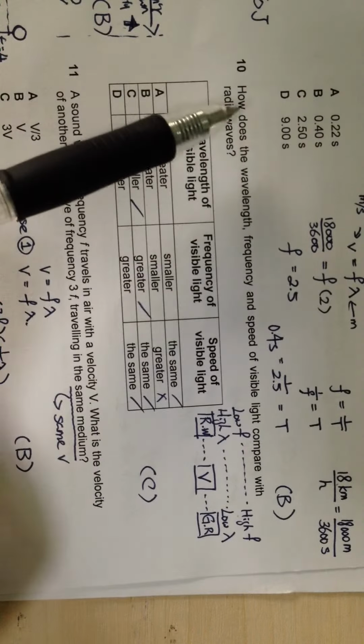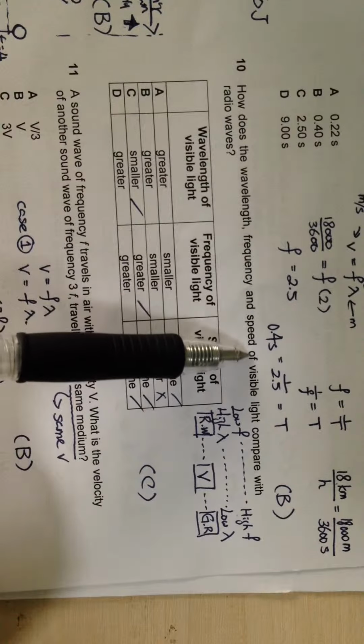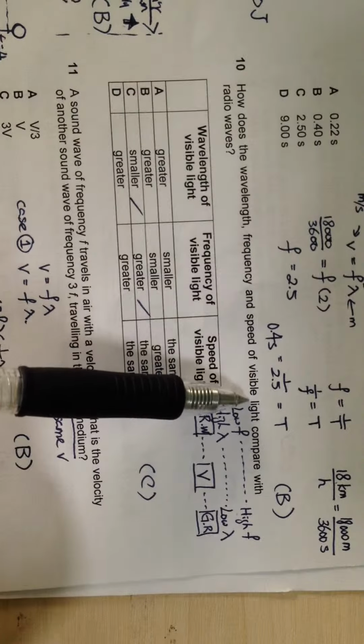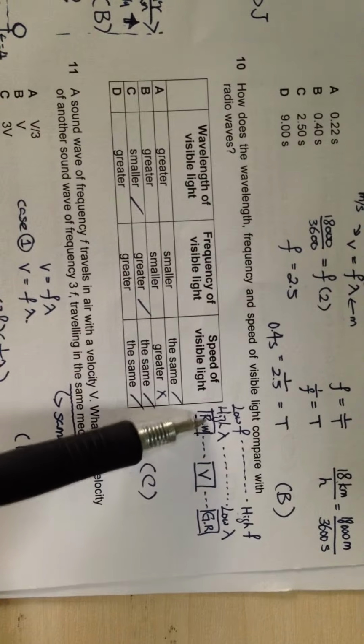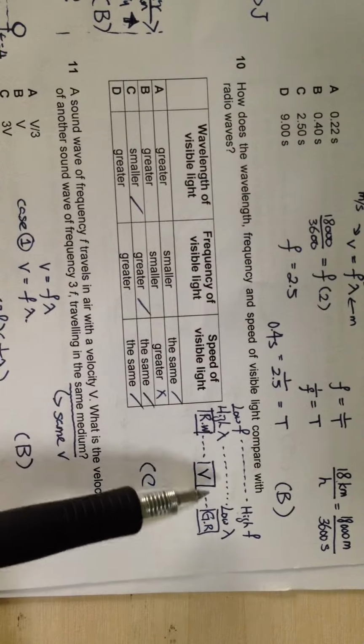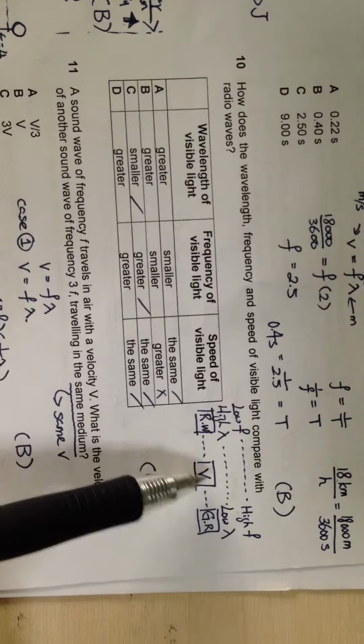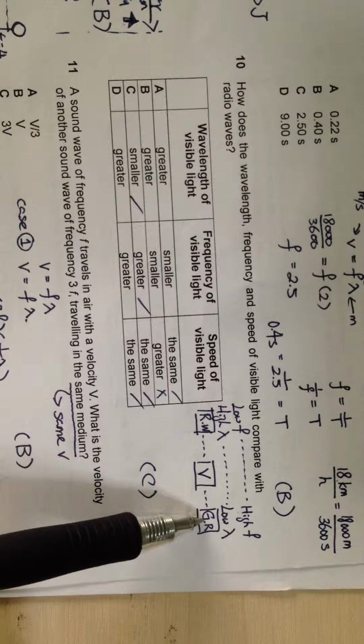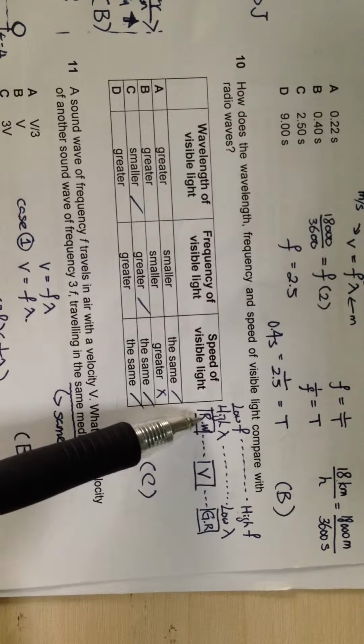Question 10, you are comparing radio waves with visible light. What I've drawn here is the EM spectrum. The visible light is in the center, on the right is the gamma ray, on the left is radio wave.